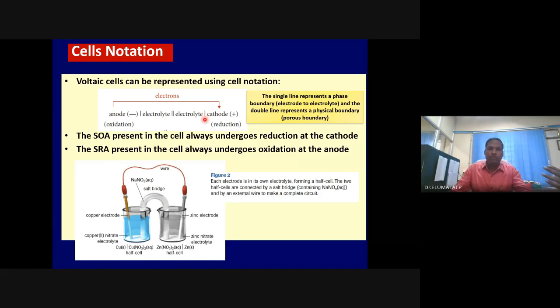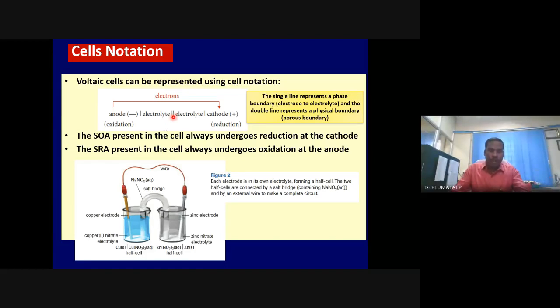single line. And we know that an electrochemical cell consists of two half cells, anode compartment, cathode compartment. You can bridge them using a salt bridge. That salt bridge is indicated with a double line, parallel line. Generally, separators are given with two parallel solid lines.